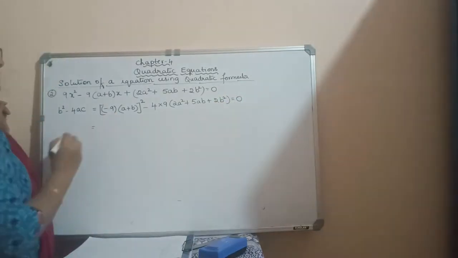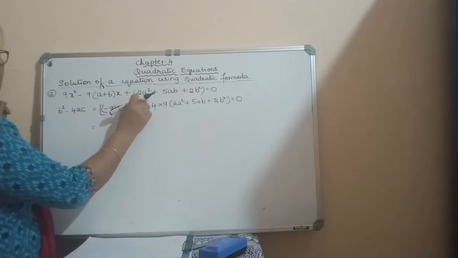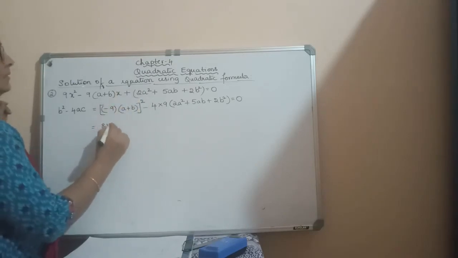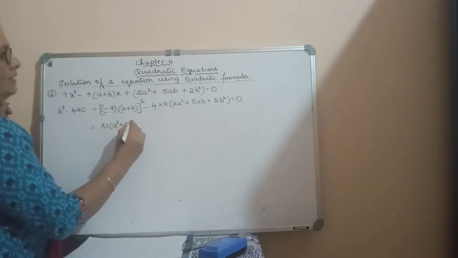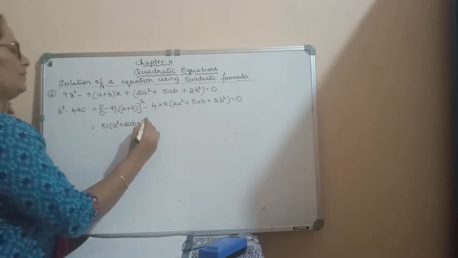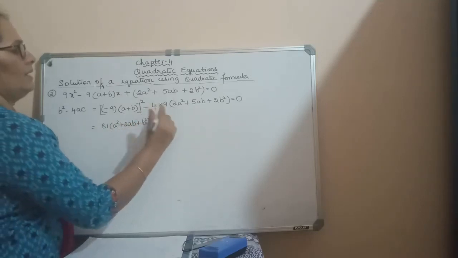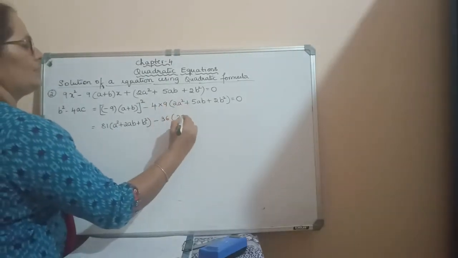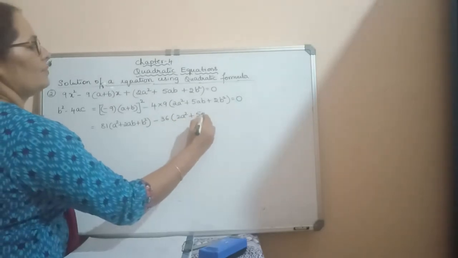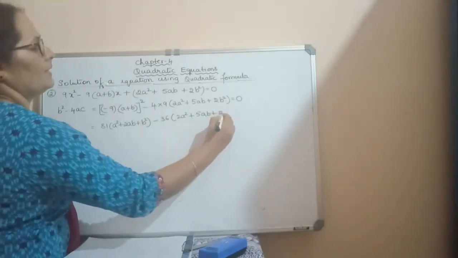Now simplify this. Minus 9 whole square is 81. A plus b whole square is a square plus 2ab plus b square. Then minus 36 into 2a square plus 5ab plus 2b square.